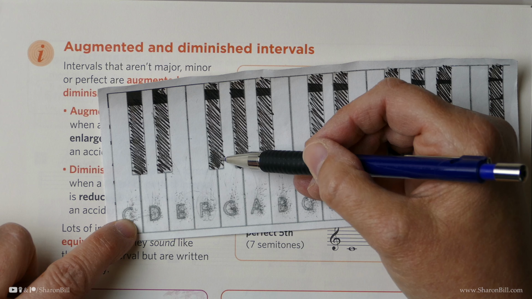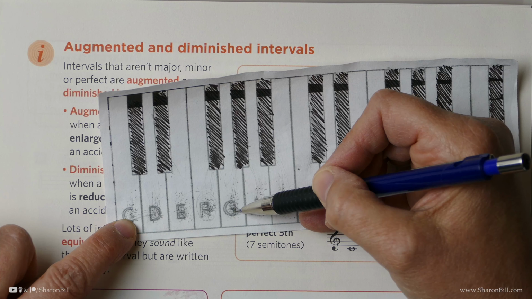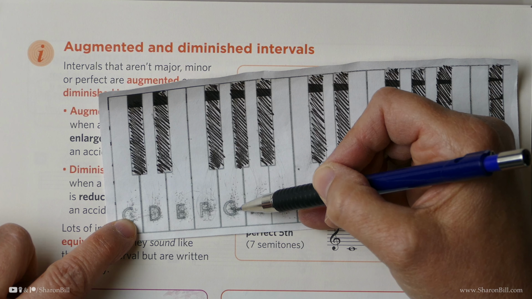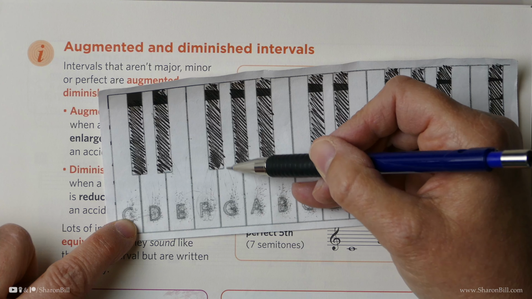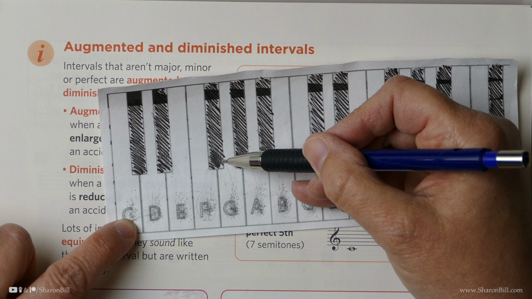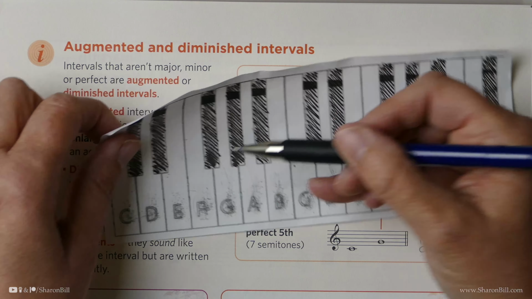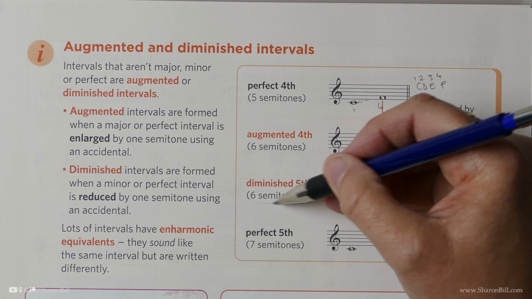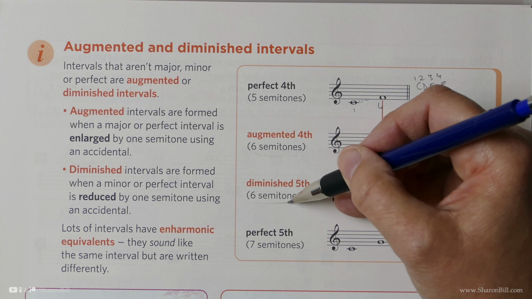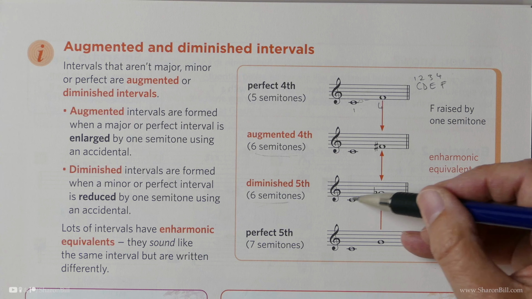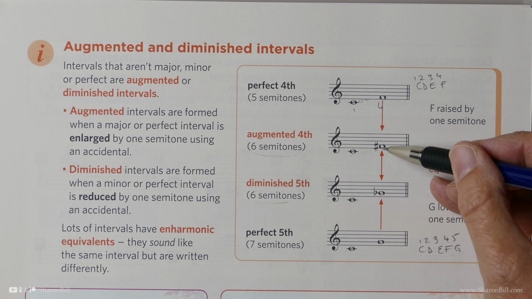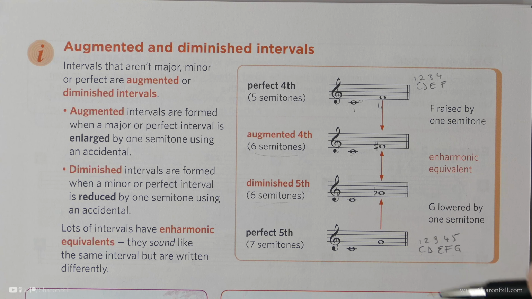And here C to G is a perfect fifth, and the G flat means it's a perfect fifth that's been lowered, and so it's a diminished fifth. They both have the same number of semitones, and so that's good as a double check if you need it, but it won't tell us the actual interval, so you need to be very careful with that.